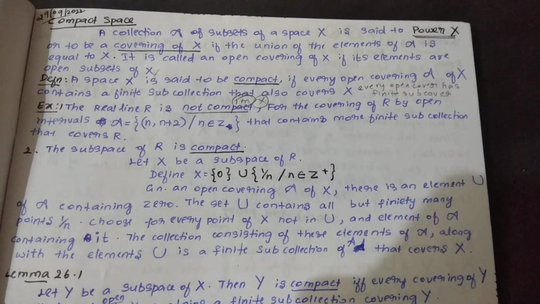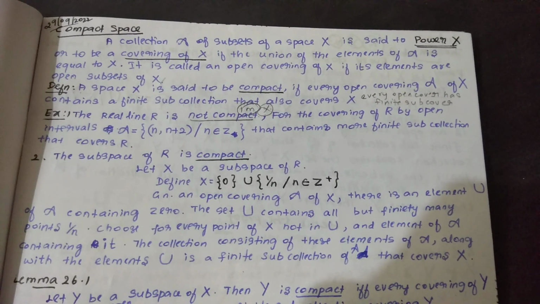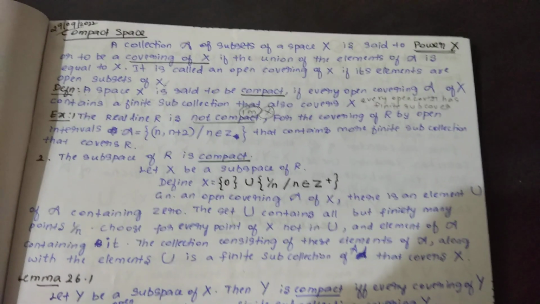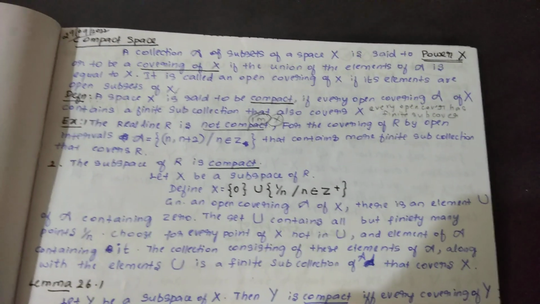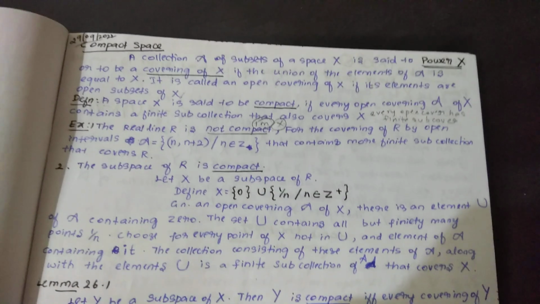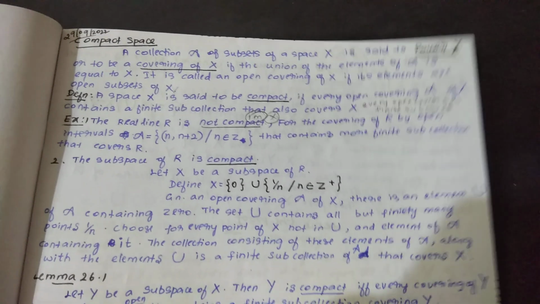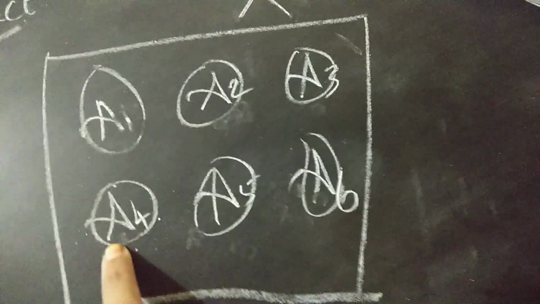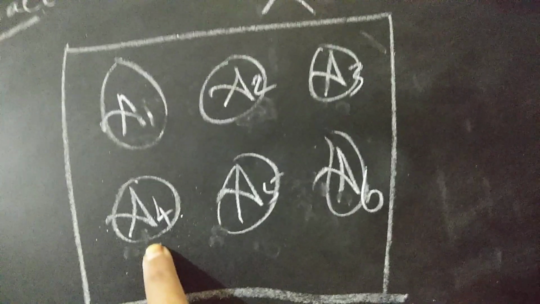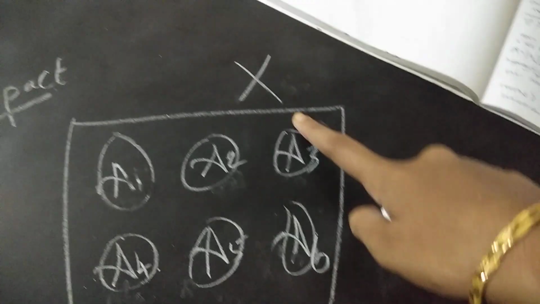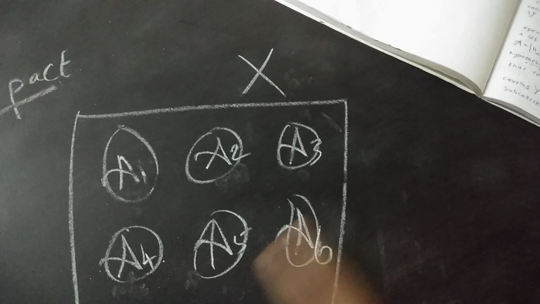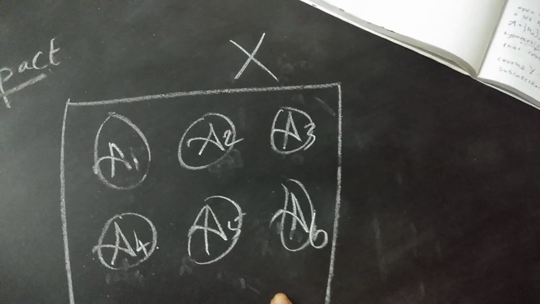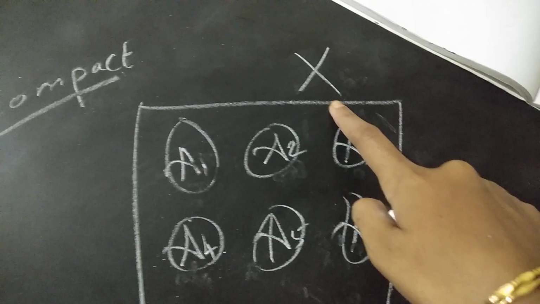So that is what they are saying: contains a finite subcollection. That finite subcollection should also cover X. That is, every open covering should satisfy that condition. What condition? When you find the union of the elements present inside this A4, that should be equal to this topological space X. If every open covering satisfies this condition, then you can say this X is compact.